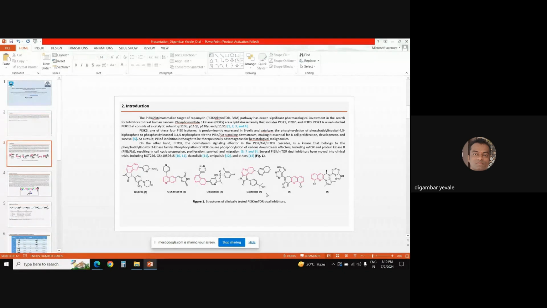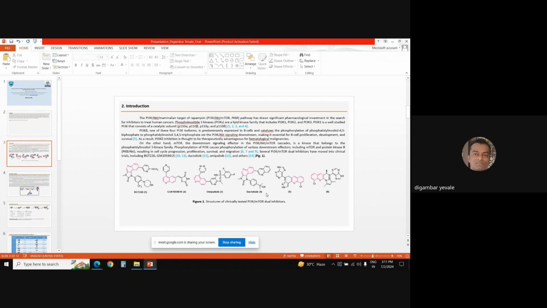Also, there are subunits of this PI3K delta, that is alpha, beta, gamma and delta. For this paper work, I have done the selective synthesis of compounds for the delta isoform. So, what is the exact role of PI3K delta in our body?